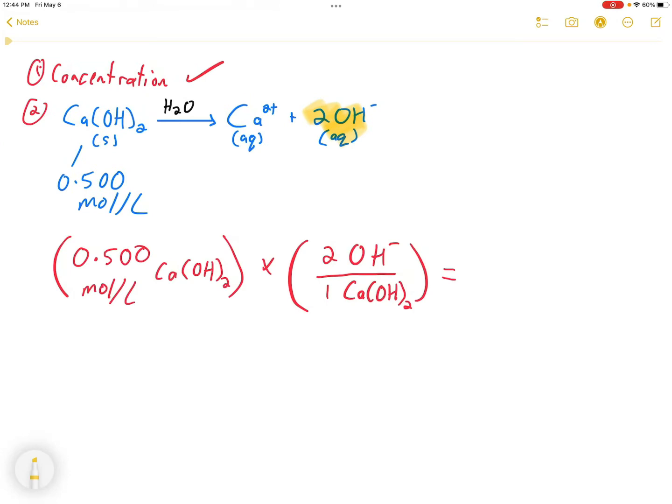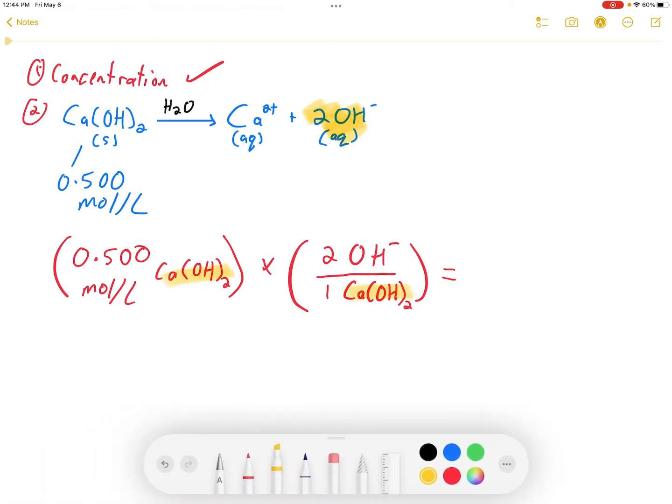Using the 2-to-1 mole ratio between hydroxide ions and calcium hydroxide, we go 0.500 multiplied by 2 over 1. The calcium hydroxide units would cancel out, and we'd finally be left with 1.00 moles per liter, of course, hydroxide ions.